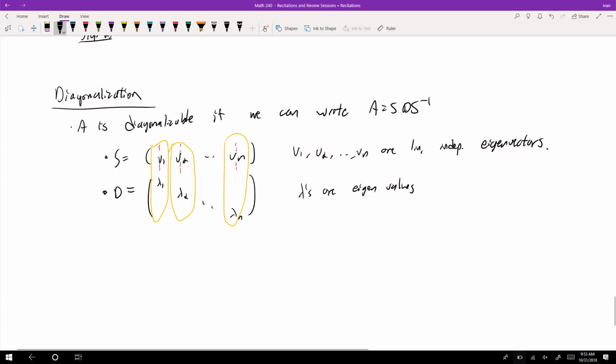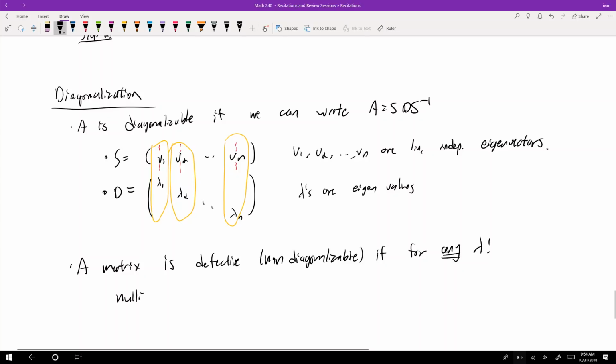Almost done. A matrix is defective or non-diagonalizable if for any lambda the nullity of A minus lambda I is less than the multiplicity of lambda.